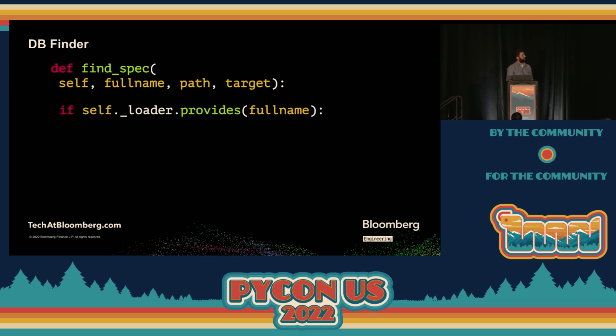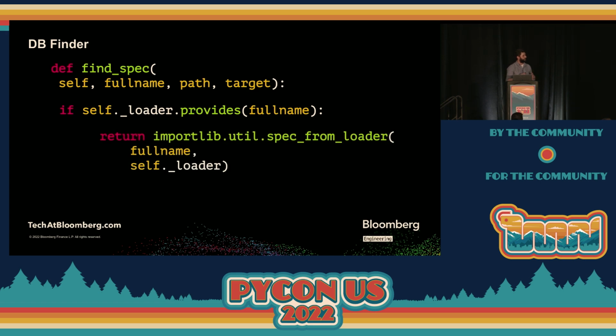We're going to take the full name that was passed in and ask the loader, do you provide a module of this name? If that is true, we then call this useful helper method that's been provided by importlib, which is a standard library package that we can use, which basically creates this module spec that we've been passing around.